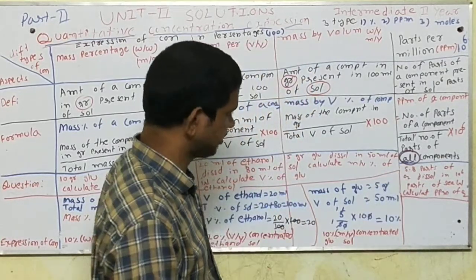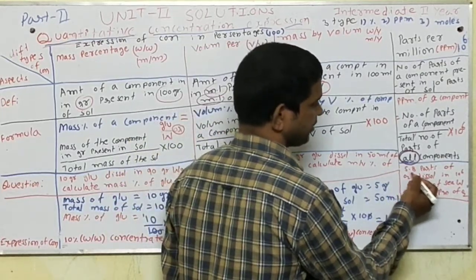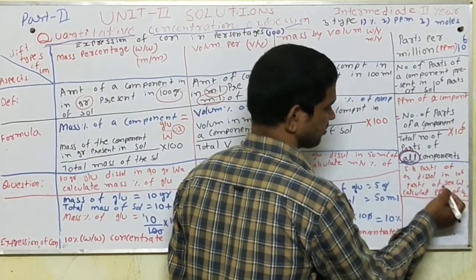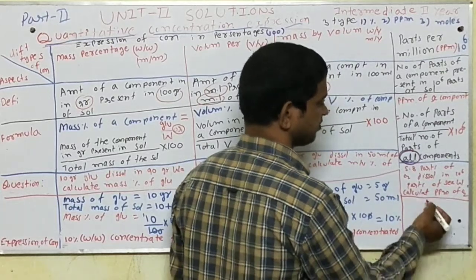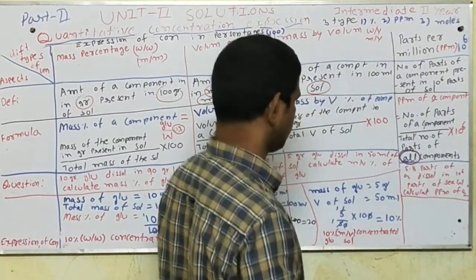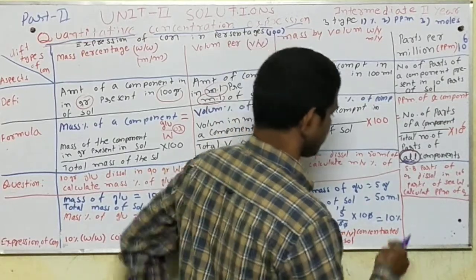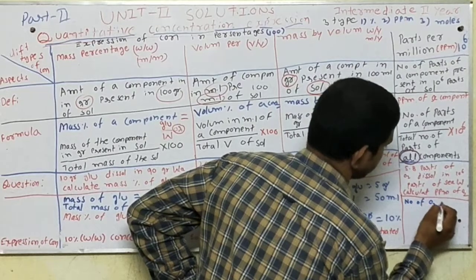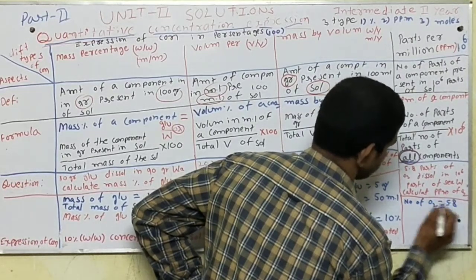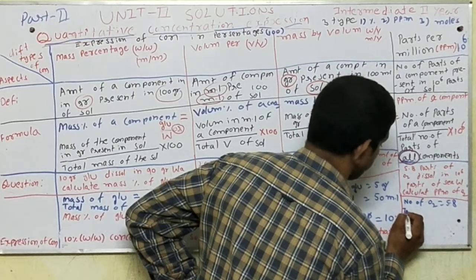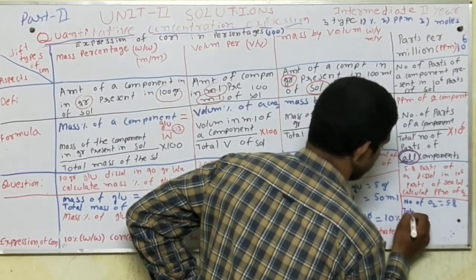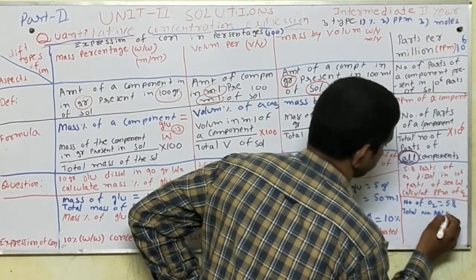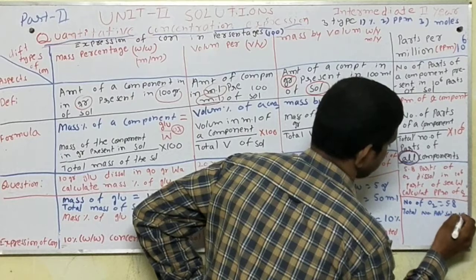Here one more problem is given. 5.8 parts of O2, oxygen, is dissolved in 10 power 6 parts of sea water. Then calculate the parts per million of O2. First we write number of parts of O2, that is 5.8 parts, and total number of parts of solution, that is 10 power 6.